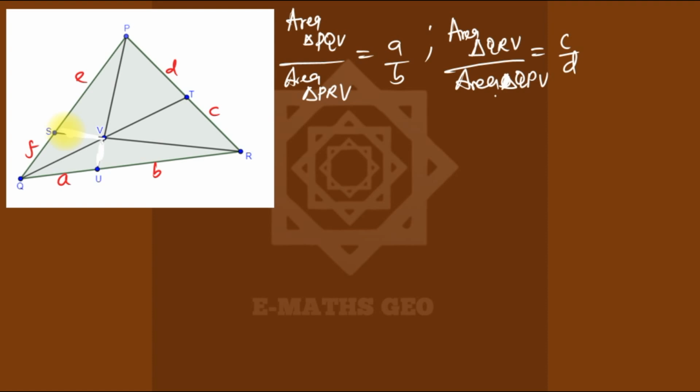Do you see it? This is the ratio of the areas of these two triangles, which equals the ratio of the sides.